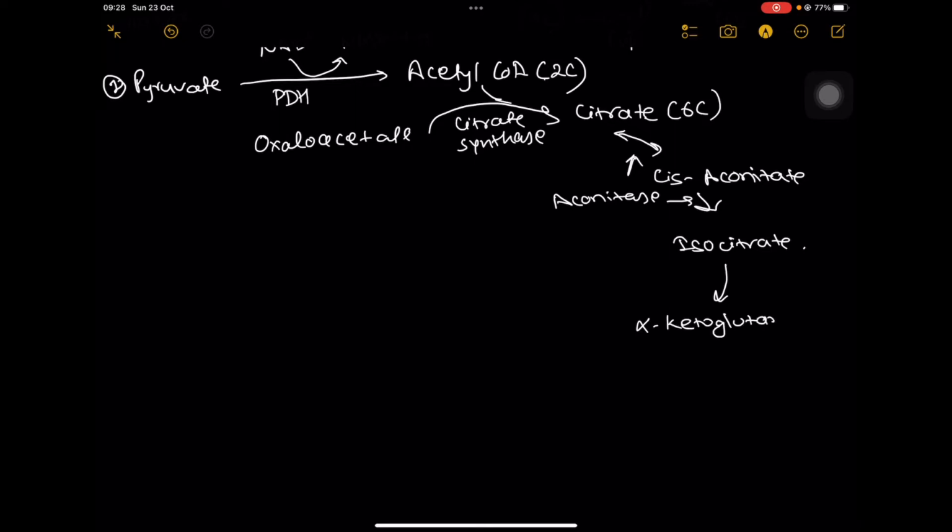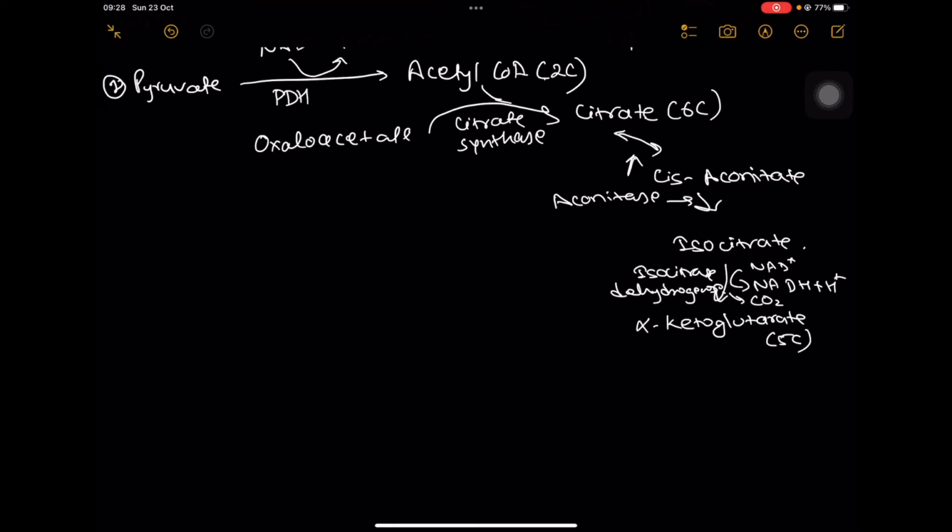This is the irreversible step by the enzyme isocitrate dehydrogenase. And in this step, one molecule of NAD is converted into NADH plus H ion. As we have already discussed, here a molecule of carbon dioxide is also released to make alpha-ketoglutarate a 5-carbon structure.